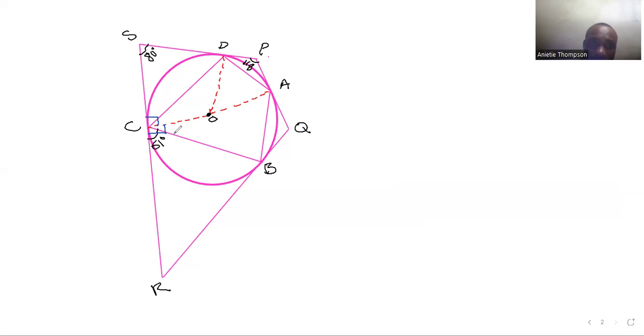So you can also see that to complete this place, the angle that can fit in here, this remaining angle, because this 90 is on this red line, the radius OC, from here down to the tangent SR is what we call 90 degrees. So that means this other angle is going to be equal to 29 degrees.